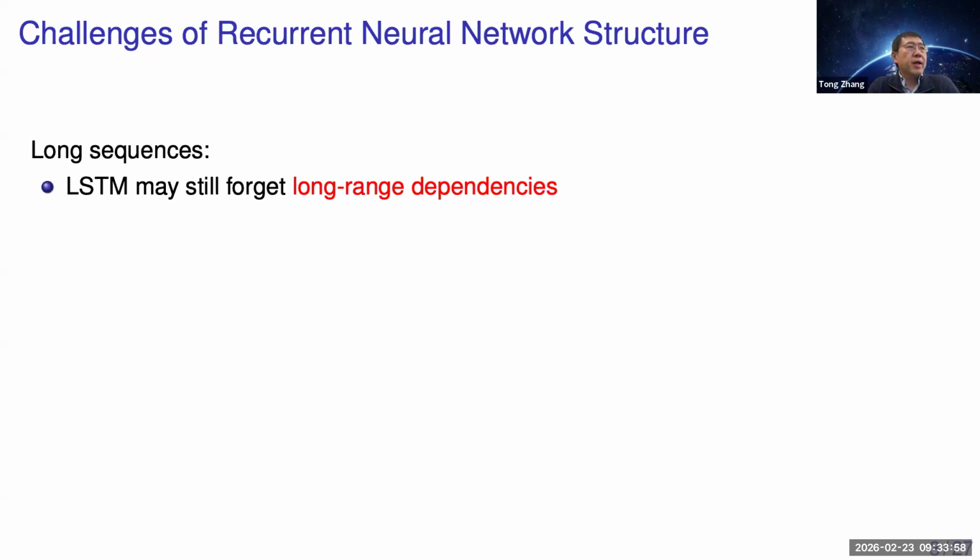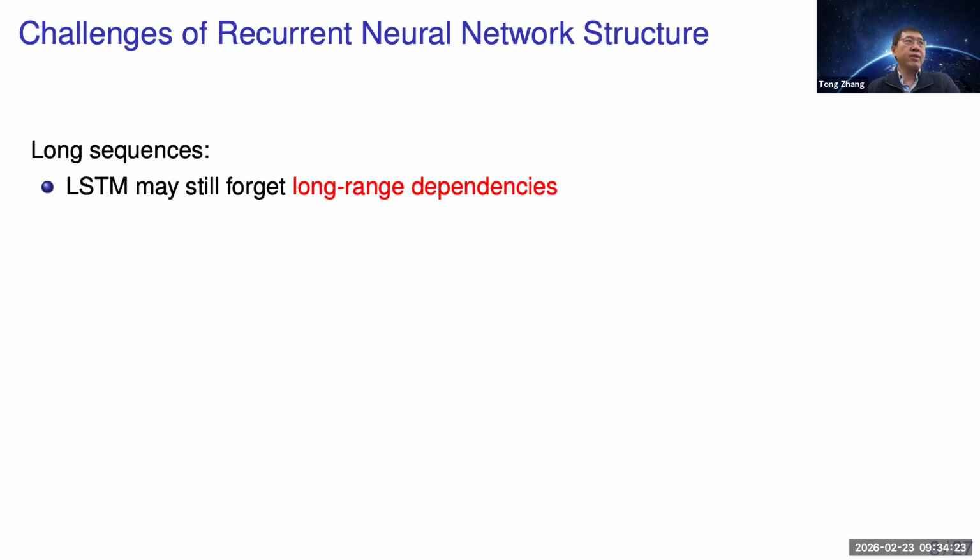There are partial fixes like LSTM, which we talked about. It has a long short-term memory, so it is less easy to forget long-range dependencies than the standard RNN. But nevertheless, they still use a bottleneck, still use compression.